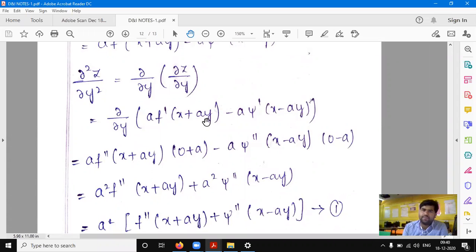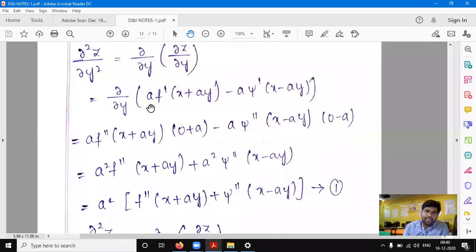Since a is constant, the derivative of f dash becomes f double dash, f double dash of x plus ay, times again the derivative of x plus ay.